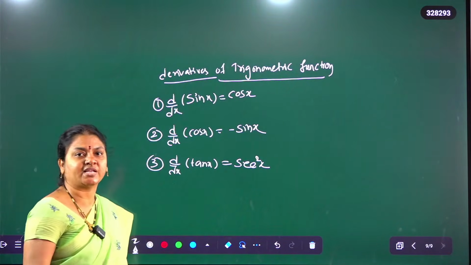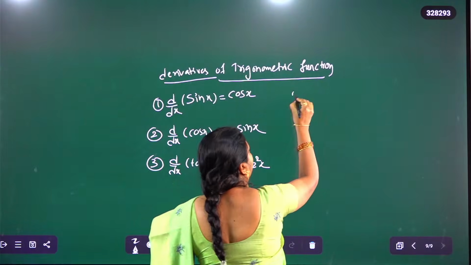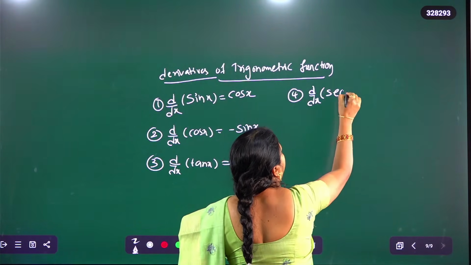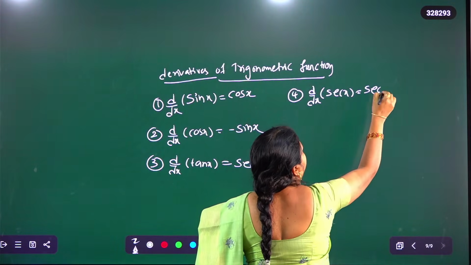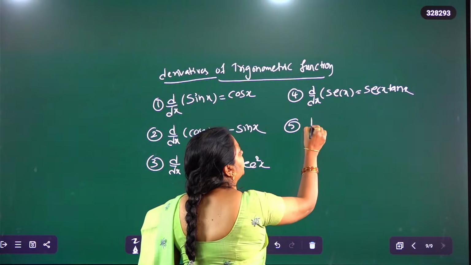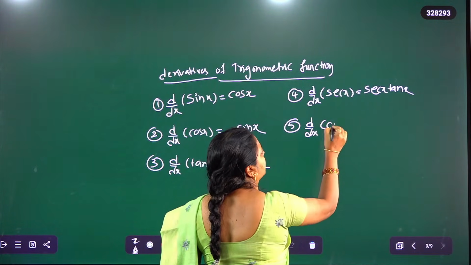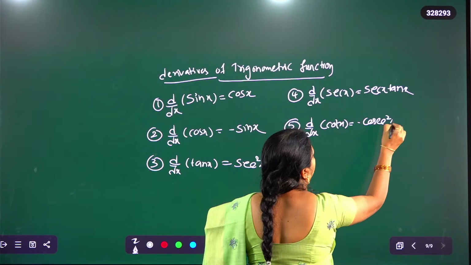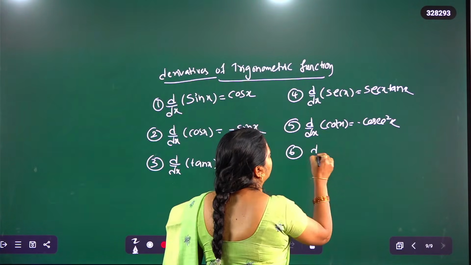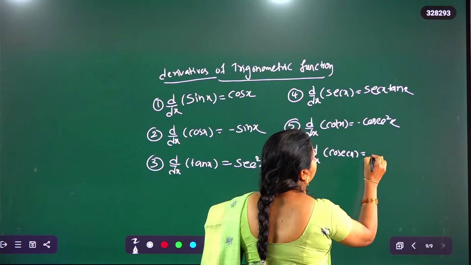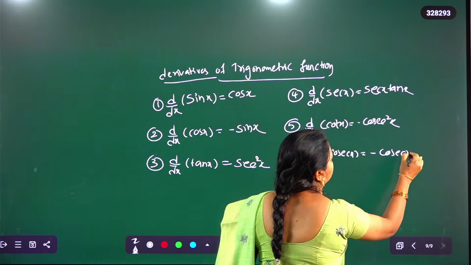Next, the fourth one, d by dx of sec x will become sec x tan x. And the fifth one, d by dx of cot x is equal to minus cosec square x. And the sixth one, d by dx of cosec x is equal to minus cosec x cot x.